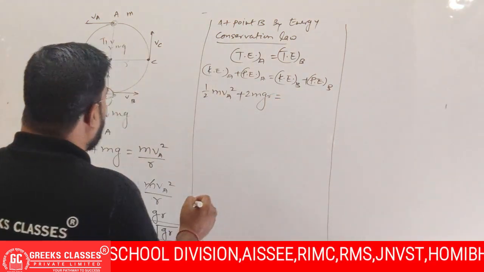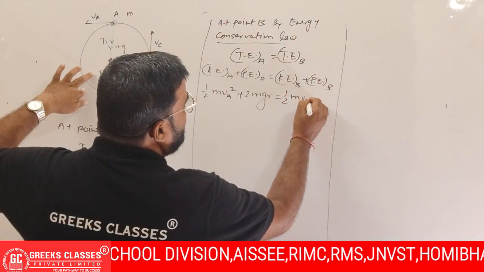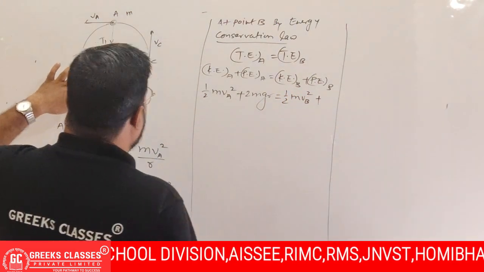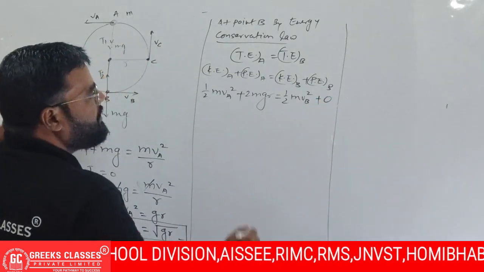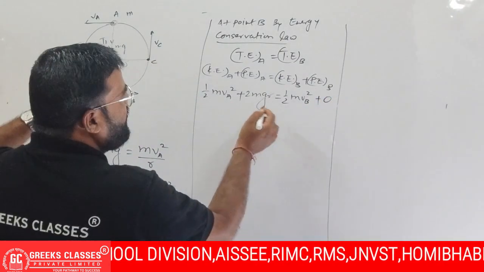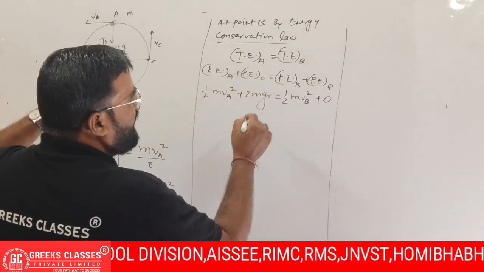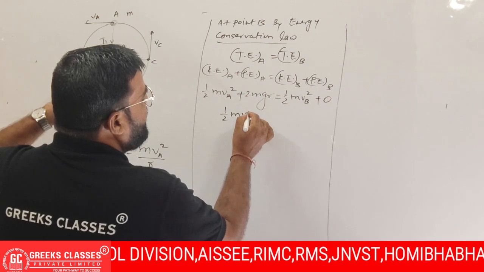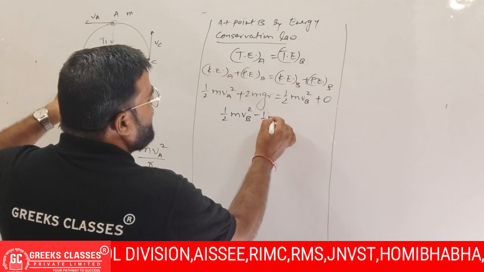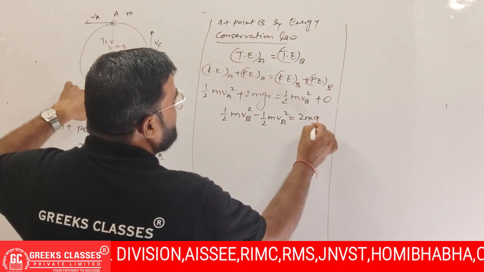Now tell me, what is the kinetic energy at B? Half mVB square, and the potential energy at B will be equal to 0. Now I will shift this half mVA square to the other side, and I can write half mVB square minus half mVA square equal to 2mgr.